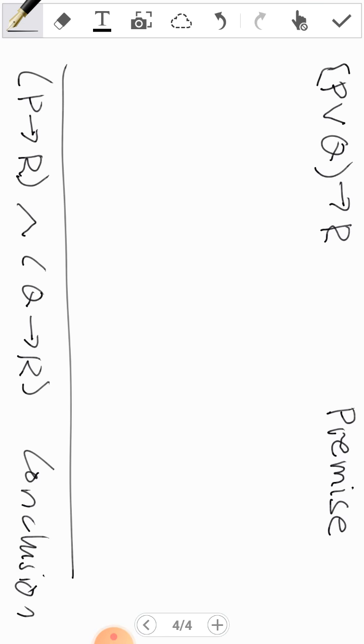Again, we will work around with our premise, and our desire is to come up with our conclusion using some of the rules of replacement that we have. Okay, let's try to observe and what can we possibly use here. The main connective in our conclusion is the conjunction and.